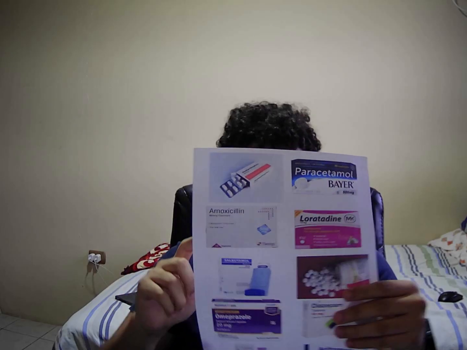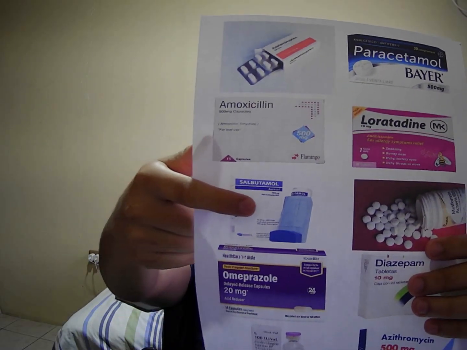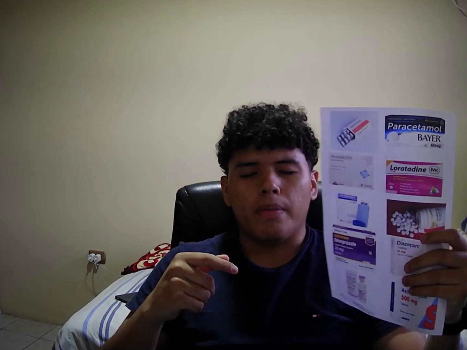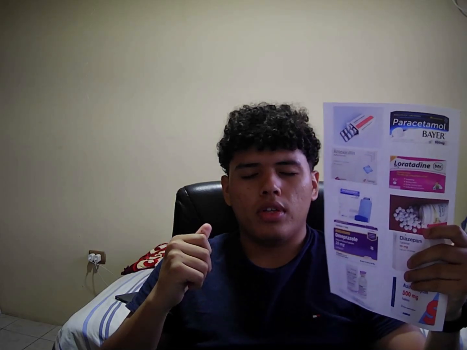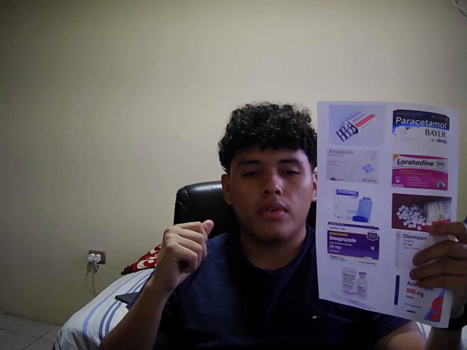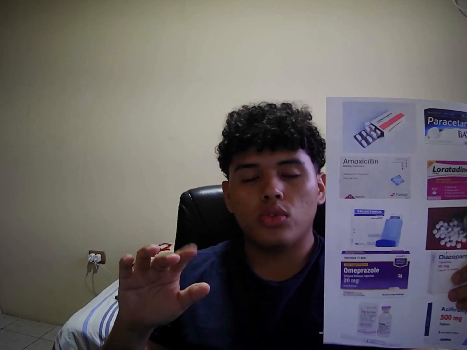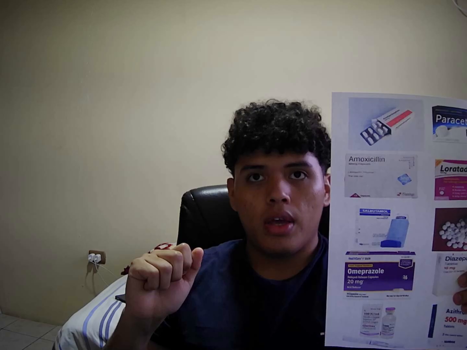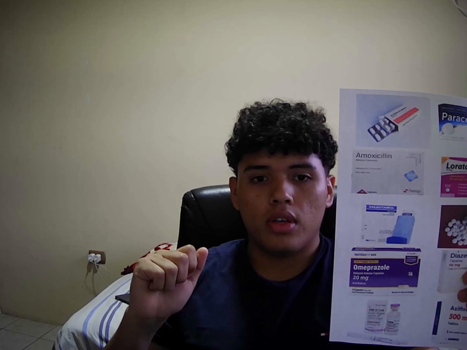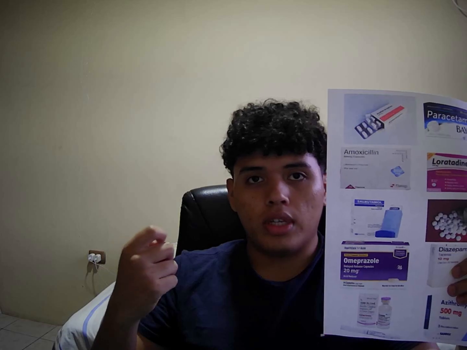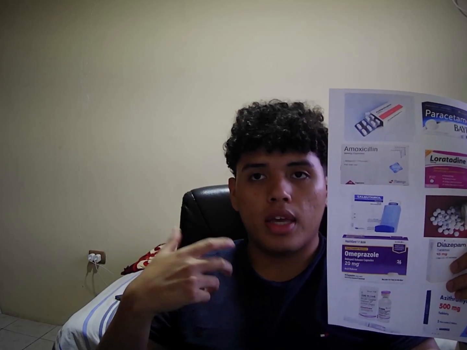Then we have a bronchodilator like salbutamol, that is an example of them. The common dose of salbutamol is 1 to 2 puffs every 4 to 6 hours, and the maximum dosage is 8 puffs. Why do I say puff?